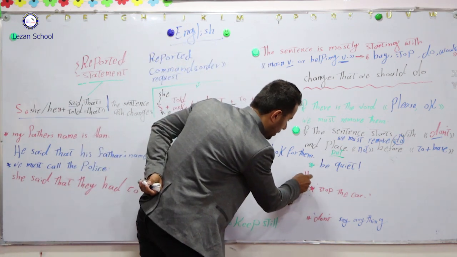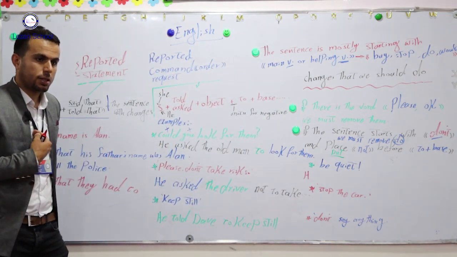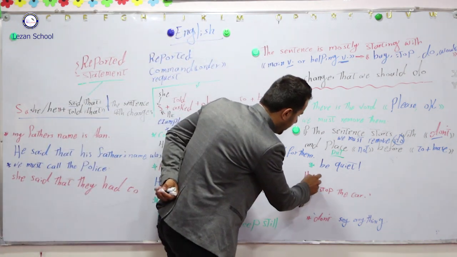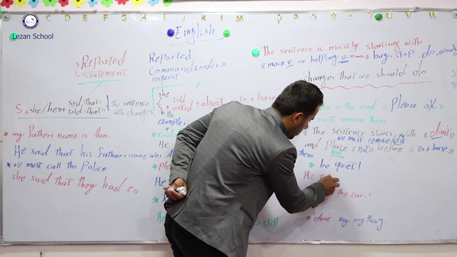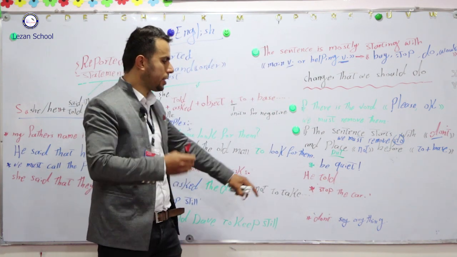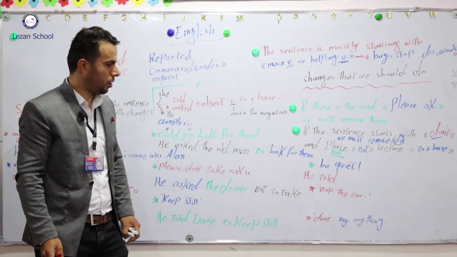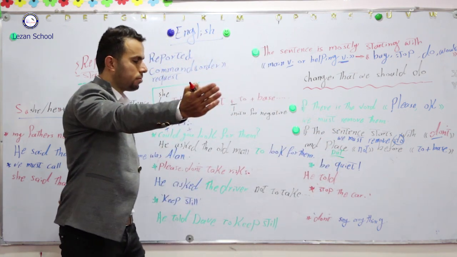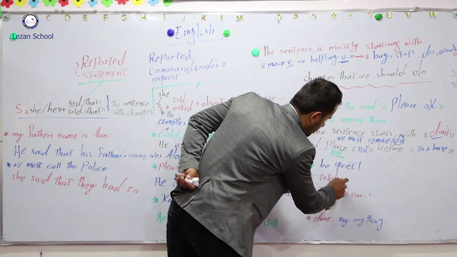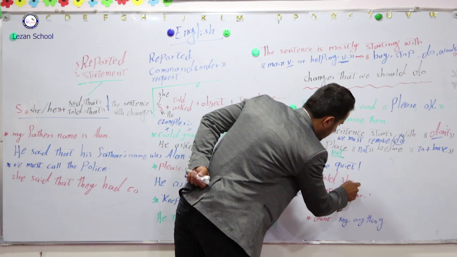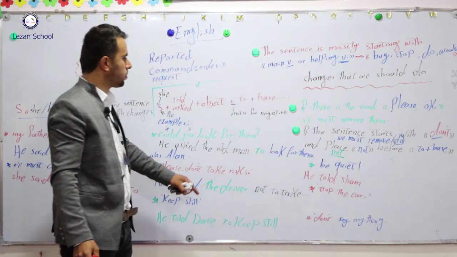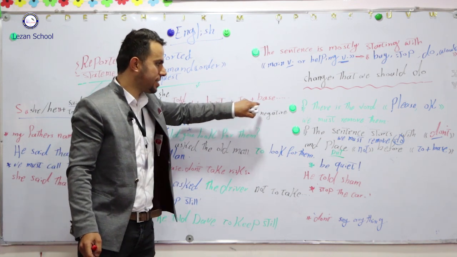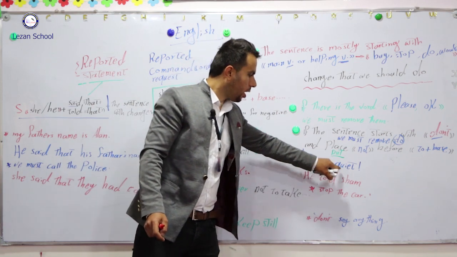He is who? He is me, the teacher. I'm in the class and tell Sham to be quiet. He told, it's somehow impolite, but it's an order. He told who? Sham. To be quiet. To be is the base.